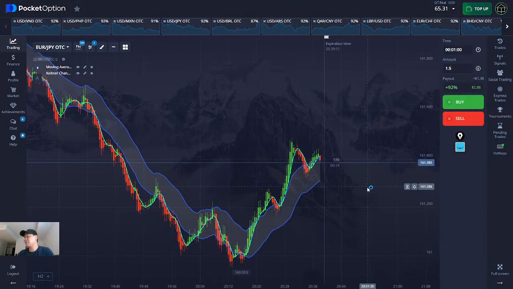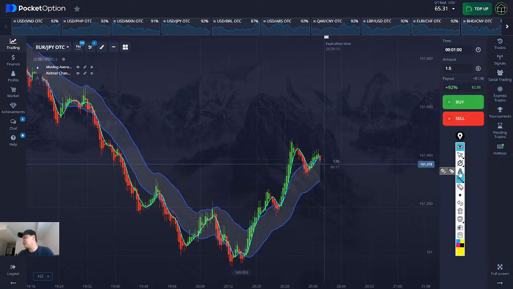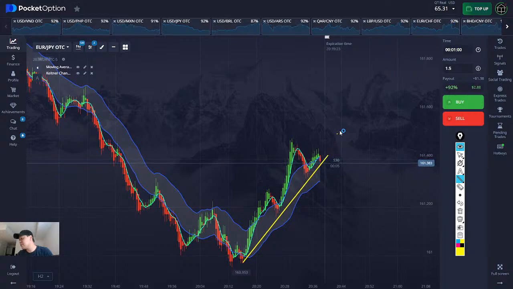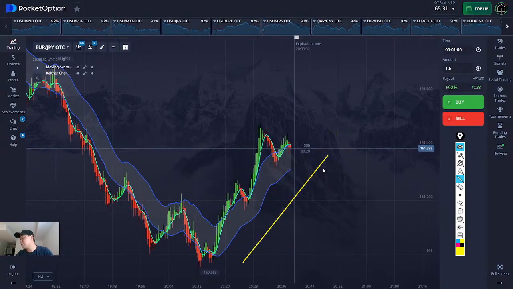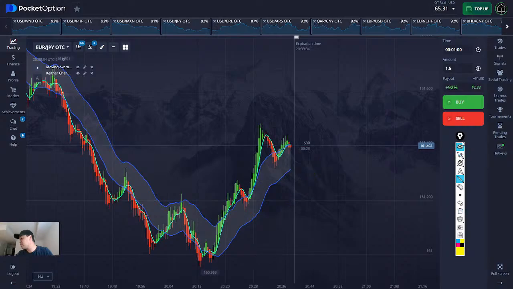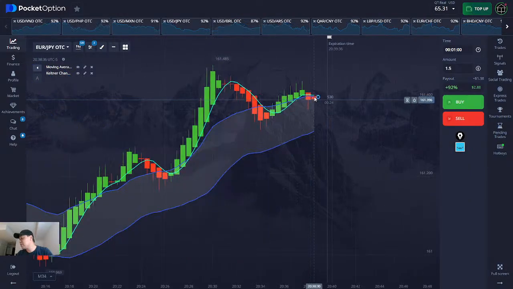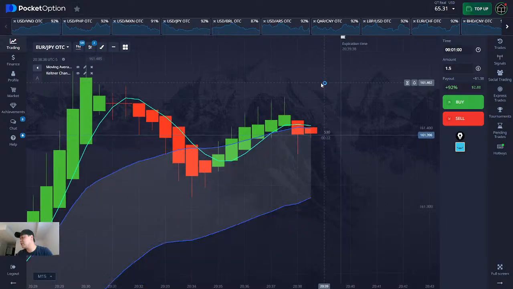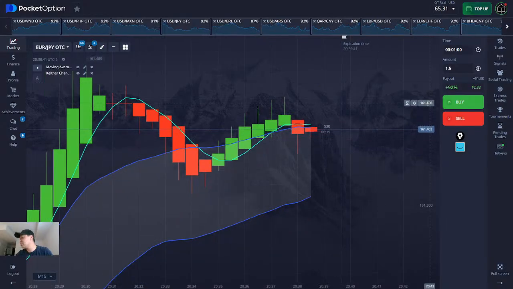There's a possible development here. Support. Higher lows, higher lows. Let's see this one. It's probably a good one. Let's just wait a little bit.